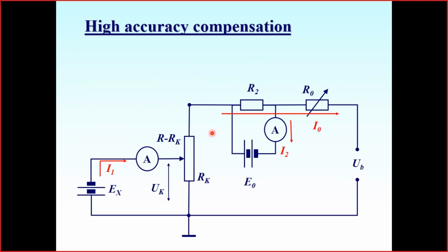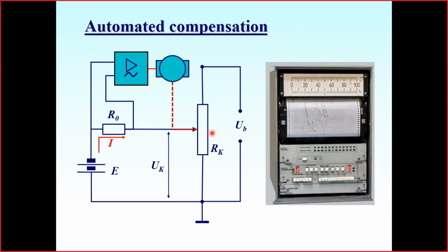And finally, the last circuit we can consider today is a circuit for high accuracy compensation. For this circuit, we have to have a stabilized and well-known UB, the voltage applied to the rheochord.